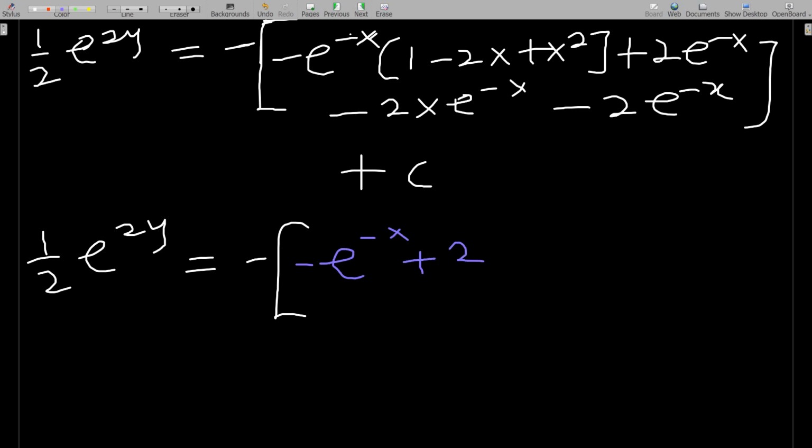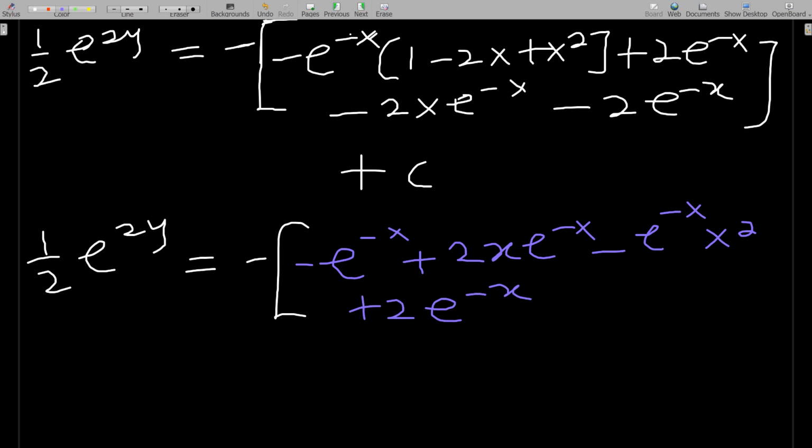Plus 2x e to the negative x, then minus e to the negative x x squared, then plus 2e to the negative x, and minus 2x e to the negative x, minus 2e to the negative x. All of these in one bracket plus c.